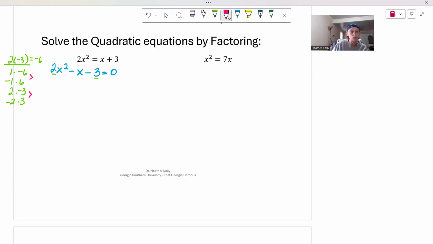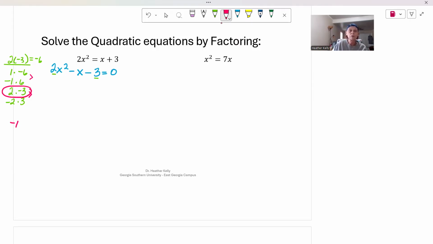And now what we do is we choose the pair that add to be this middle number. So we're looking for negative 1 because that is what the coefficient of x is. So negative 1 minus 6, not negative 1. Negative 1 plus 6, not negative 1. 2 minus 3 is negative 1.